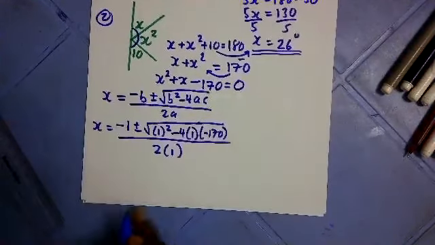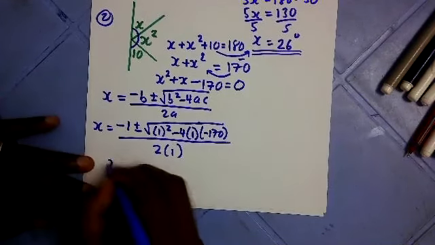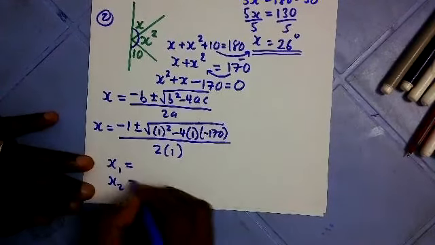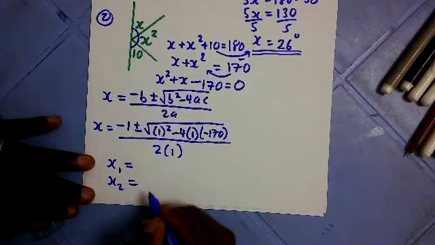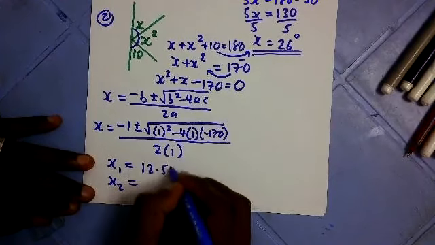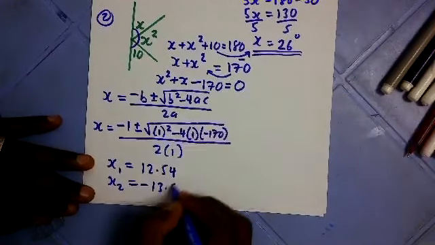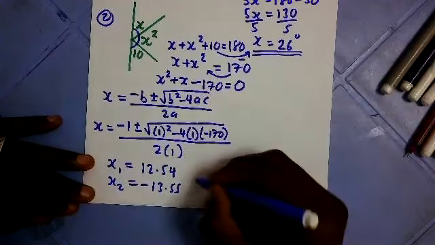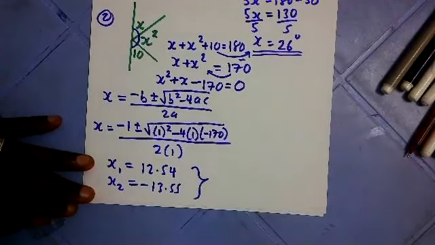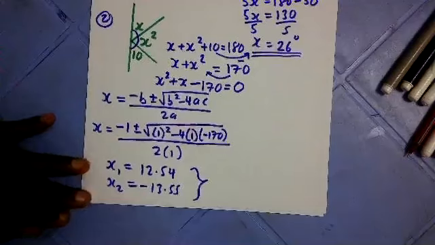Then I will go ahead and work it out. So when I work it out, I get the values of the two x's, and my x1 will be 12.54. My x2 will be minus 1.13. Because I'm looking for the value of an angle, I will not take a negative angle.